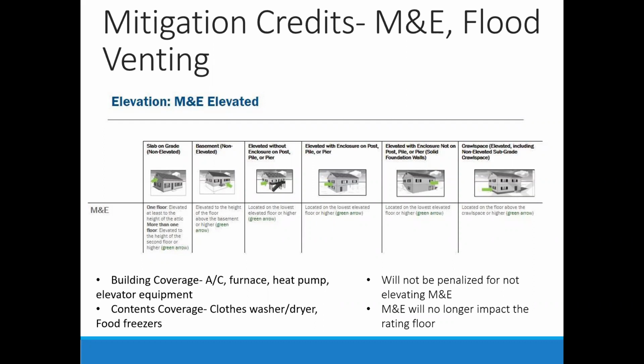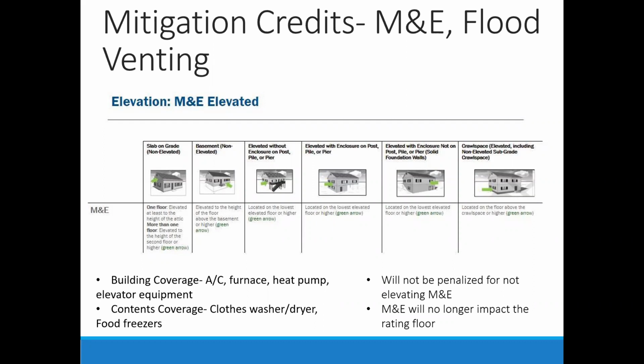It used to be under the legacy system that if you didn't have your machinery and equipment elevated, you could be penalized by having them rate your insurance policy based on the floor that the utilities were on, and that is no longer the case. Machinery and equipment does not impact the rating floor or any other part of the premium, except if you get this discount.